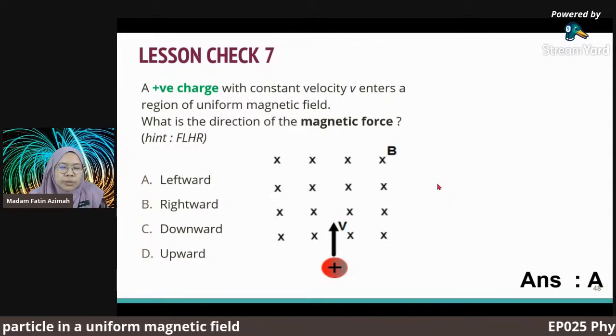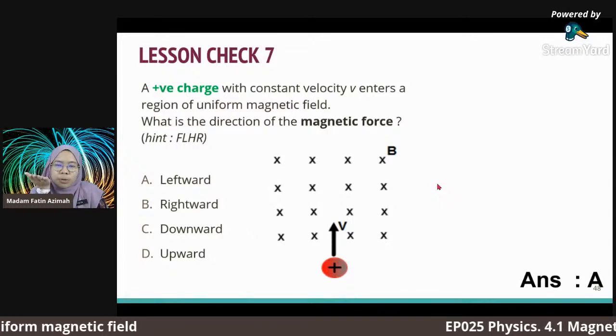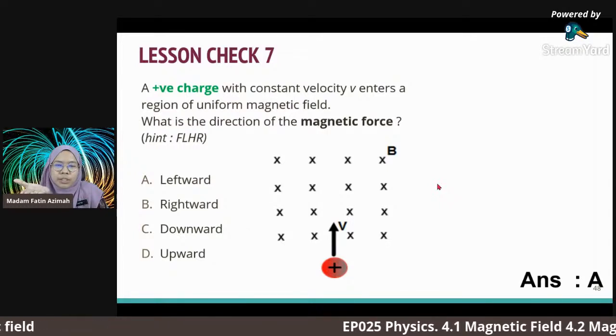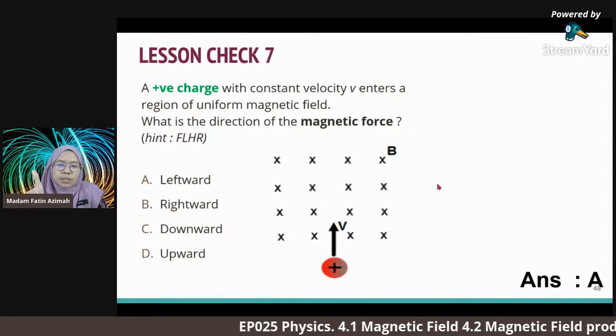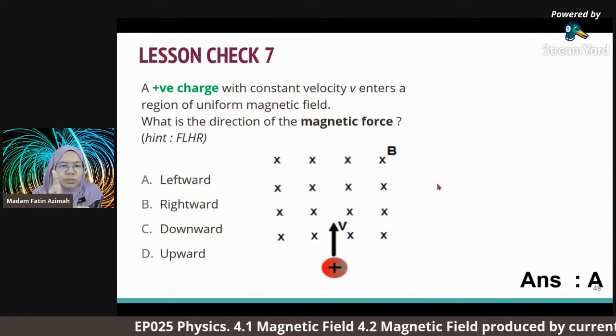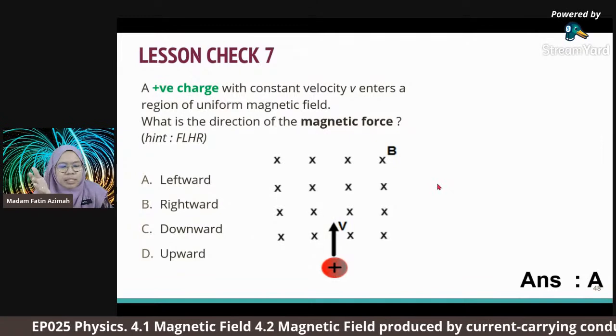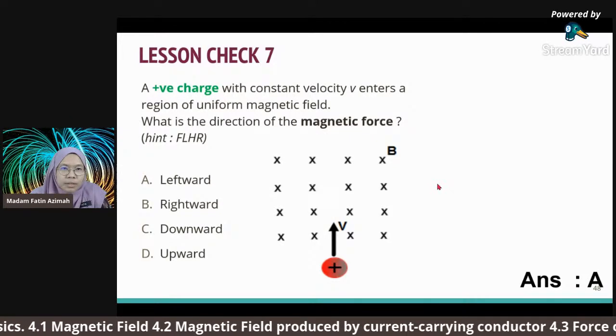Your fingers are pointing into the page, your V is going up, so your force is going to the left. This is positive charge. Okay, the last one.